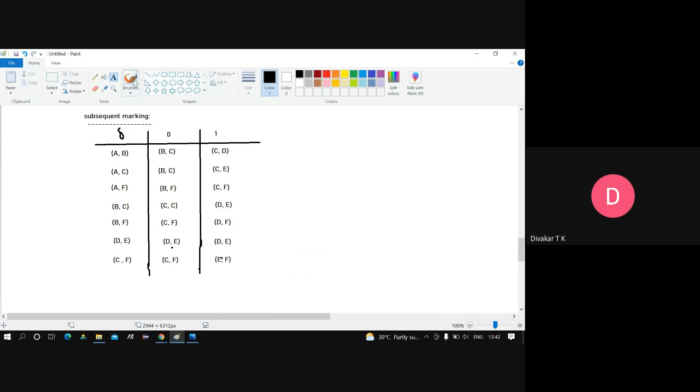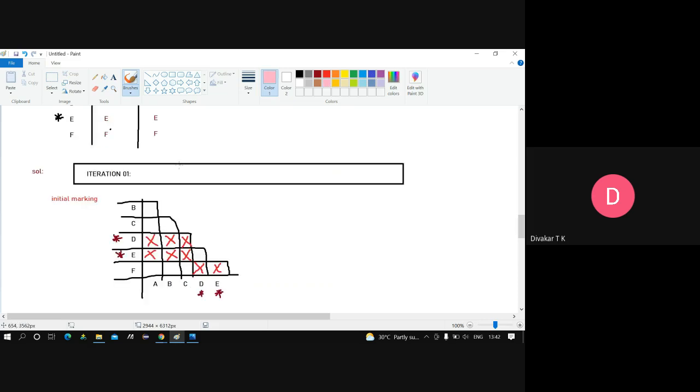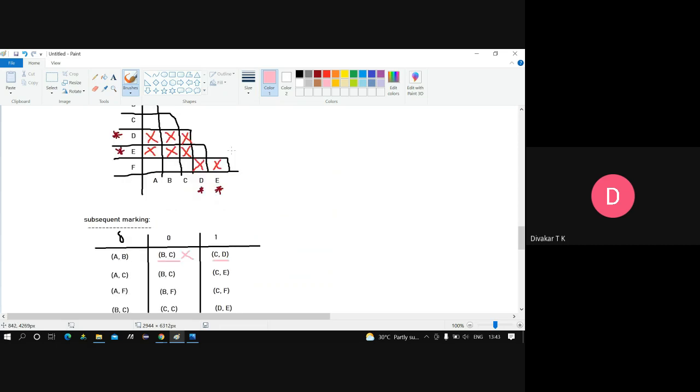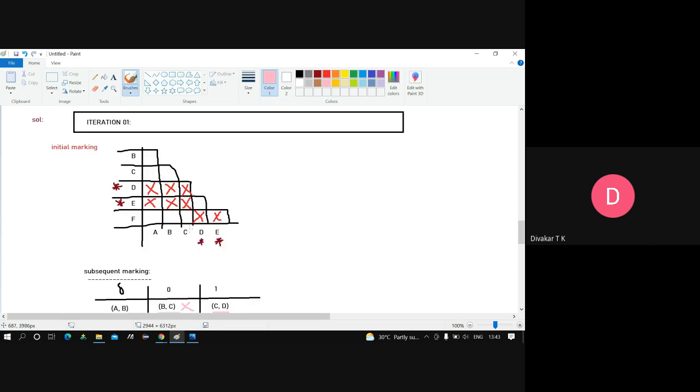So I'll go here. So check now. Very easy step, but effective step here. First of all, check this one. B, C, whether its marking is done. B, C meaning this is B, C. There is no marking. Here I'll tell that this is no marking. So C, D marking is there.